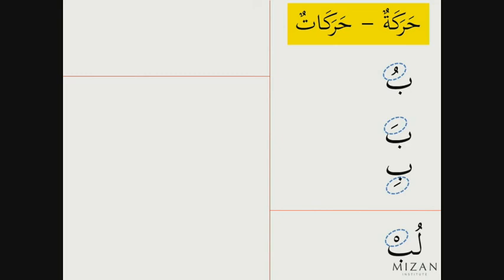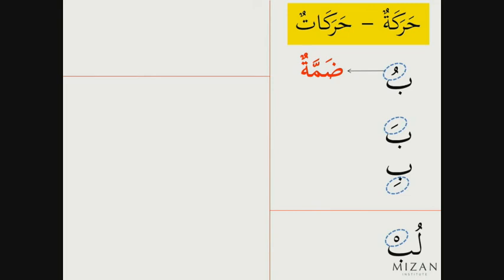Does anybody know another name for u? A lot of people did Arabic before. It's called a dhamma. All say together. Again. Dhamma.